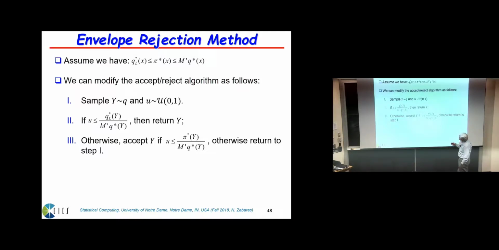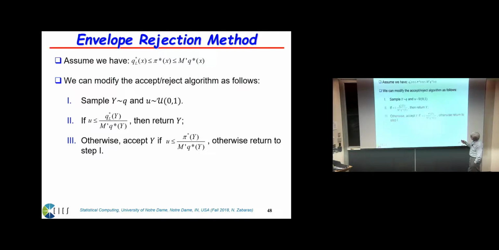And why is that? Because QL star is the lower bound, so it's less than pi star of Y. You may say, okay, I see this, if this holds you accept Y. If not, you go and do the real checking, which is here.